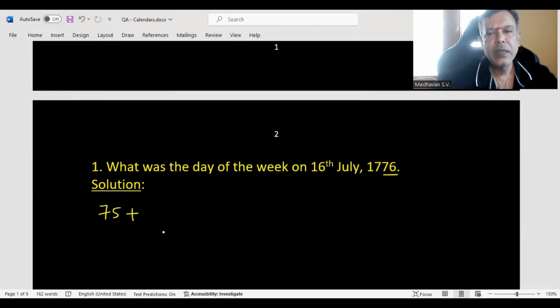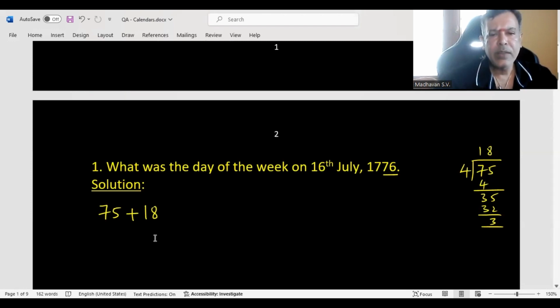Then we will understand how many leap years are there in the past 75 years. That can be done by dividing 75 by 4. 4 ones are 4, 35, 4 eights are 32. We consider the quotient, which means that in the last 75 years, there are 18 leap years.